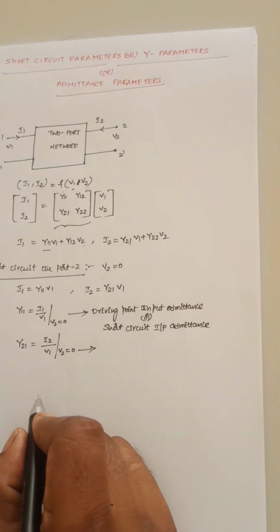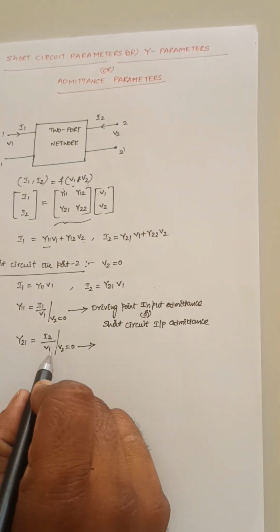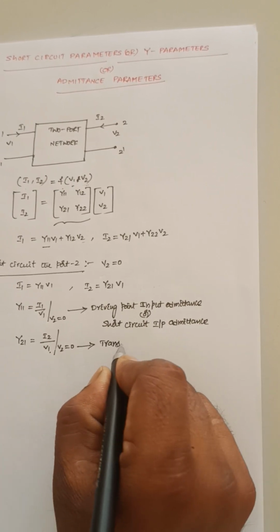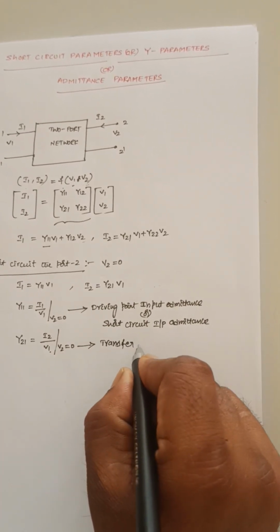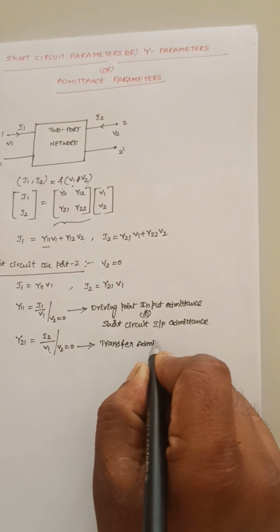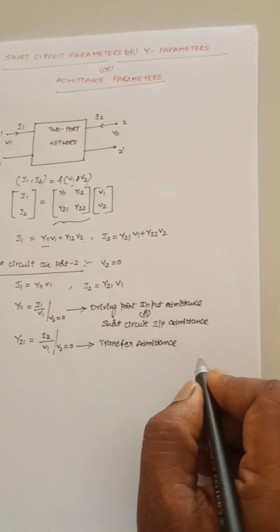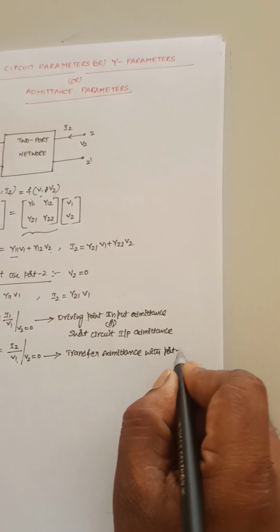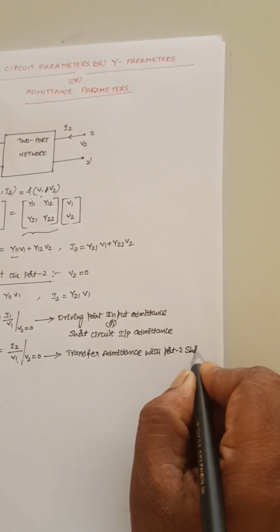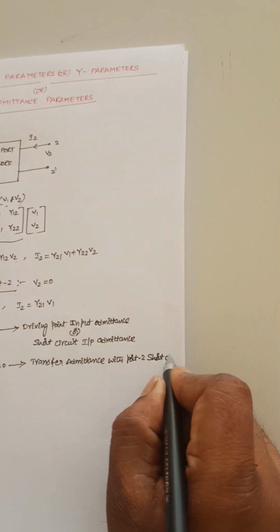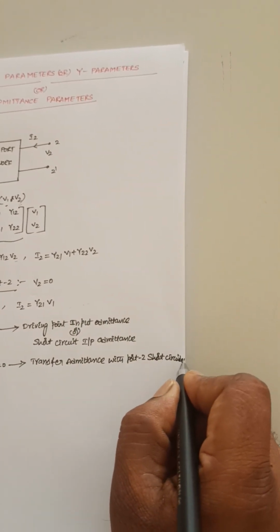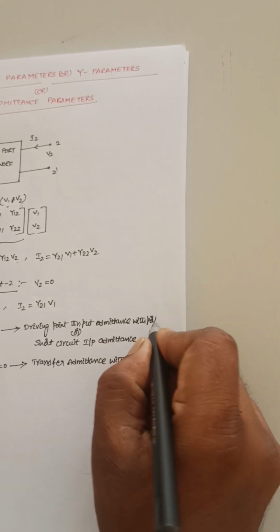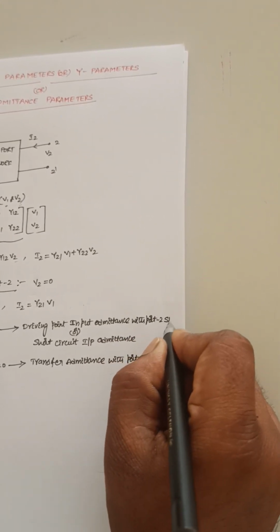This Y21, which is I2 by V1, is named the transfer admittance with port 2 short circuited.